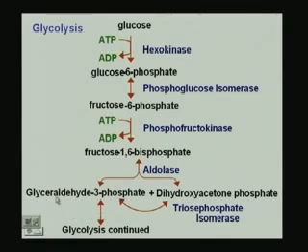And if you notice here, it is glyceraldehyde 3-phosphate that will allow the glycolysis to continue. So we need an isomerase that is going to transform our dihydroxyacetone phosphate to glyceraldehyde 3-phosphate.